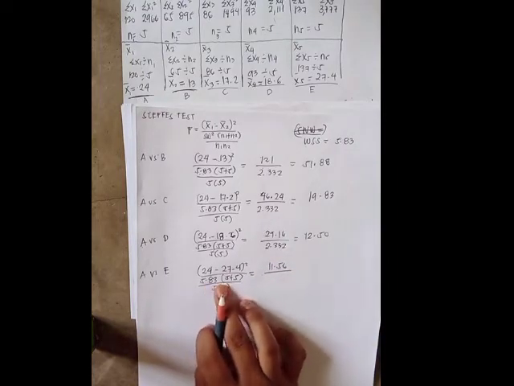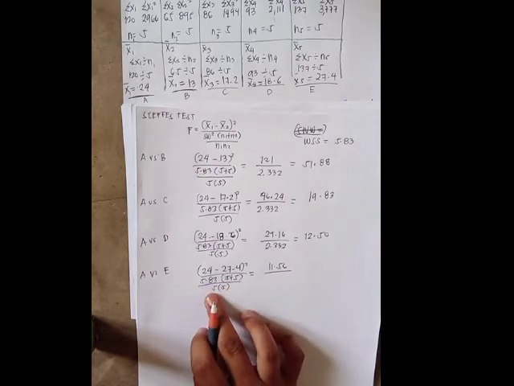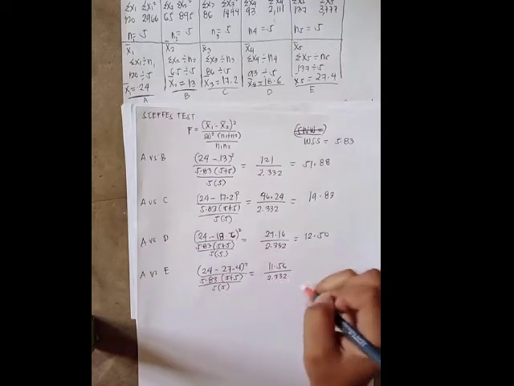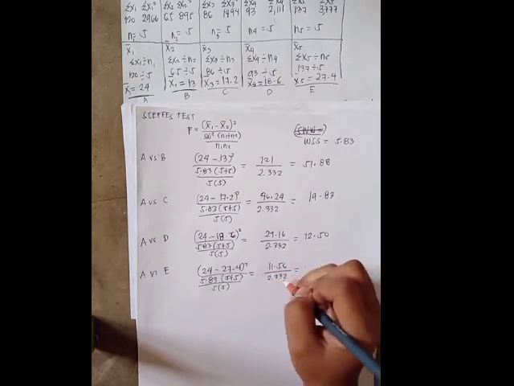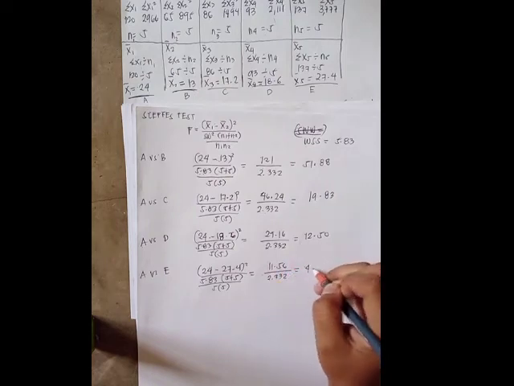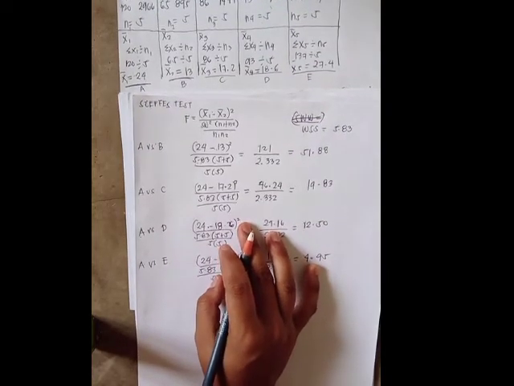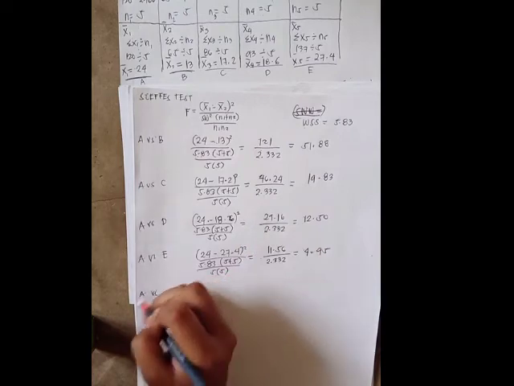And 5.83 times 10 divided by 25 is 2.332. So 11.56 divided by 2.332 will be equal to 4.95.